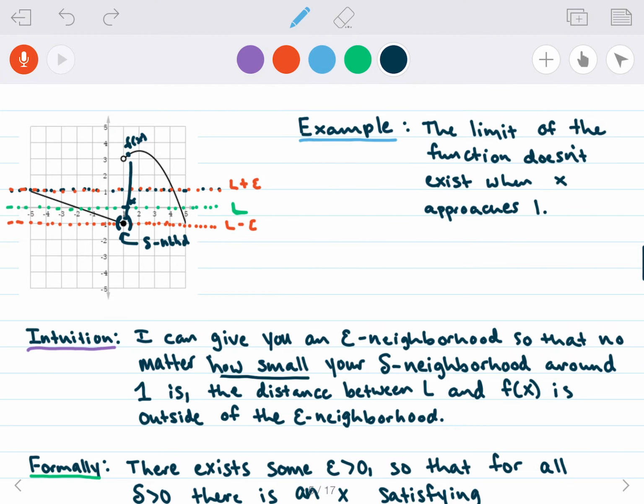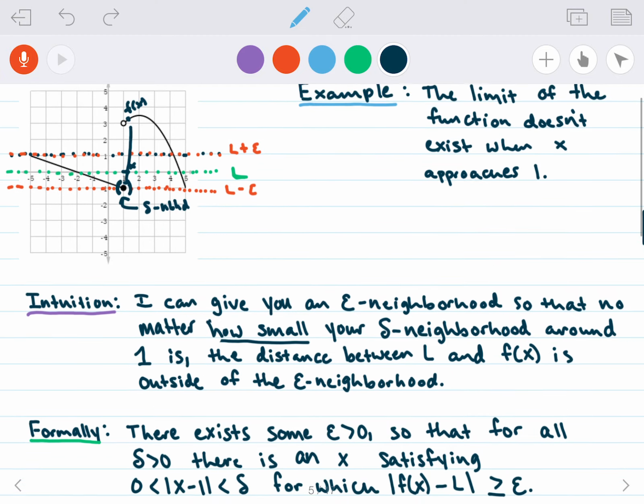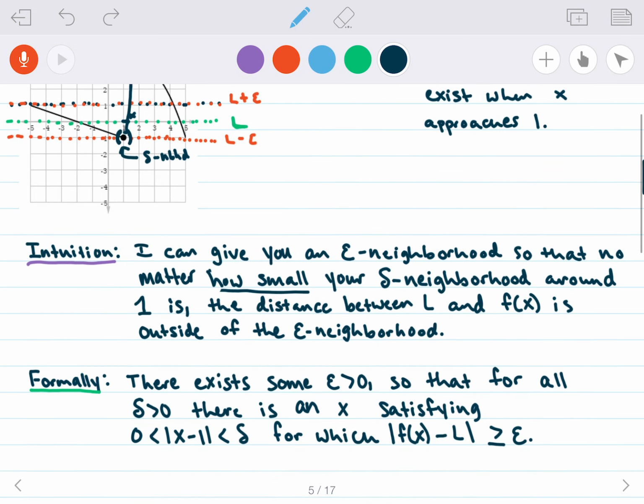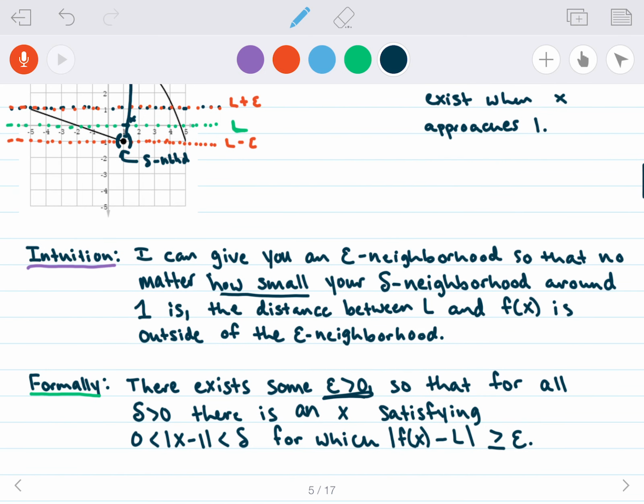Okay, so what does this mean formally, that the limit doesn't exist when x approaches 1? Well, formally, this says that there's some epsilon bigger than 0, i.e. some epsilon neighborhood, so that for any delta neighborhood, so for any delta bigger than 0, no matter how tiny I make my delta, there is some x in that neighborhood, and that's written here with absolute value bars, that the absolute value of x minus 1 is less than delta.